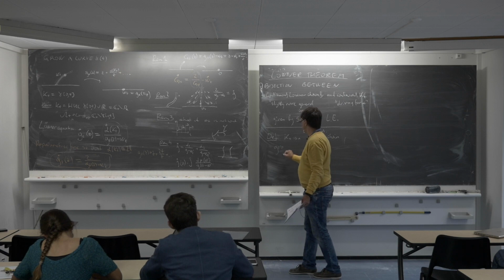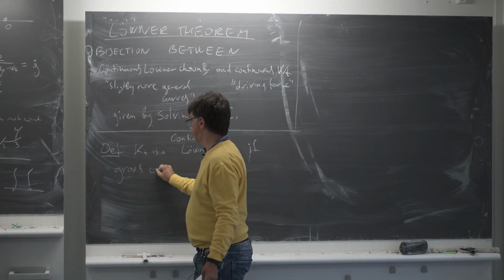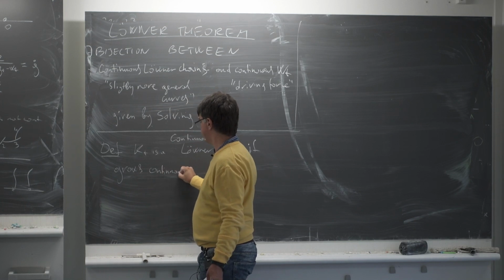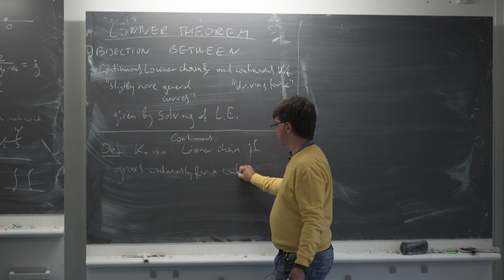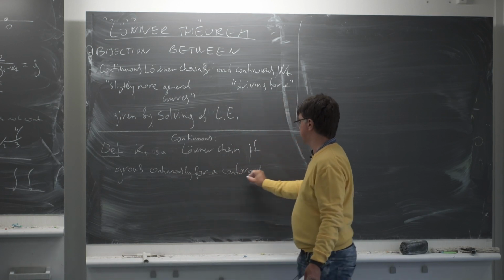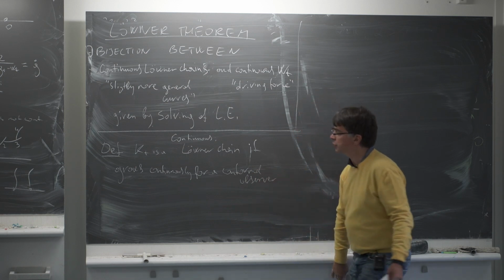First, it grows continuously for a conformal observer. So for this little man who lives in the plane, it grows continuously.